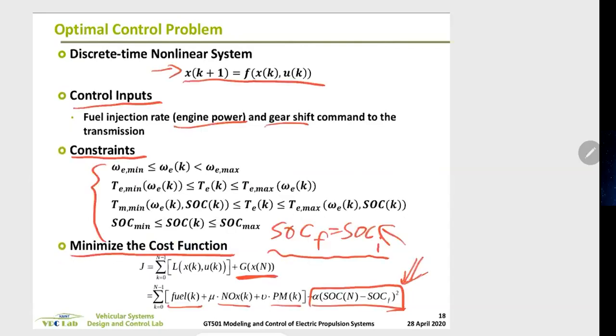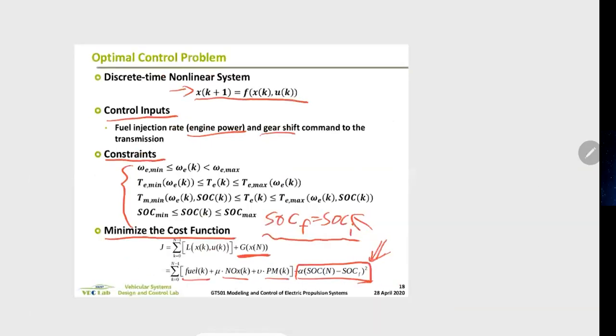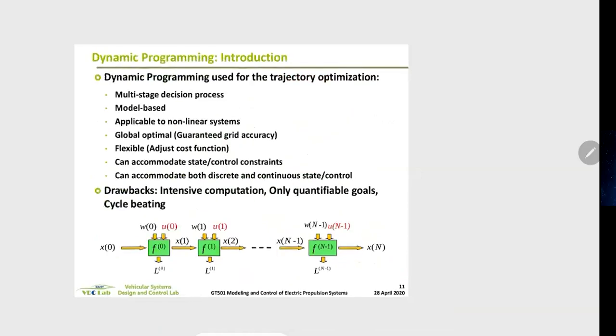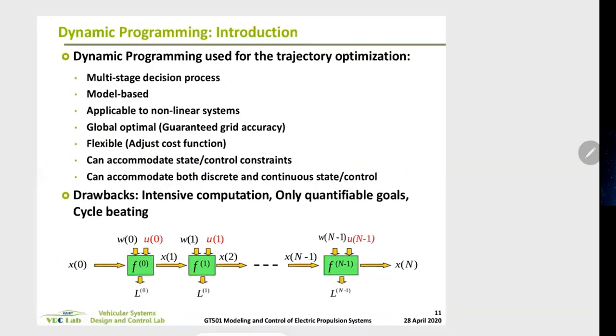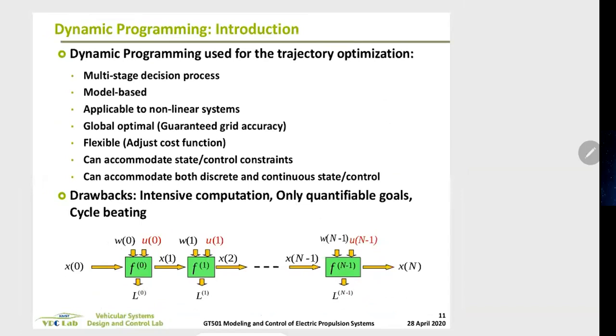Well, first we need to do something like this. So for example, this is the model. This is the initial condition. This is the control input. And then we get the next time step state, or final state.